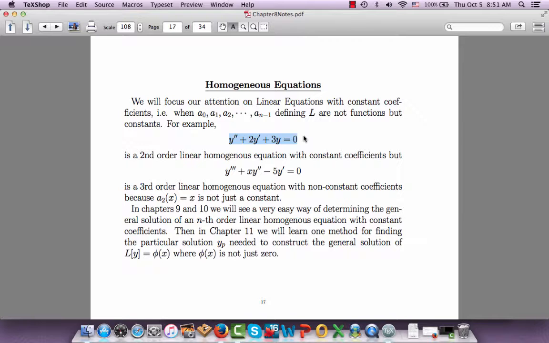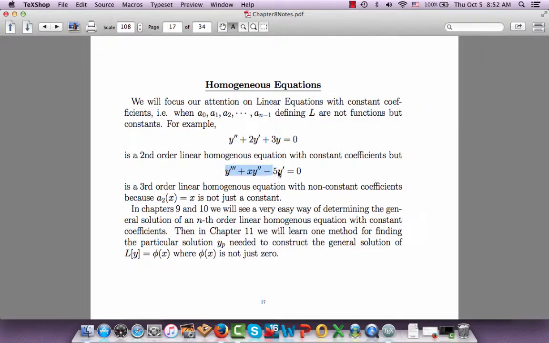So this equation is a second order linear homogeneous equation because the right-hand side is 0. And it has constant coefficients because what we're multiplying y prime and y by is just numbers. So we don't have x or e to the x there, we just have numbers. So second order linear homogeneous equation with constant coefficients.